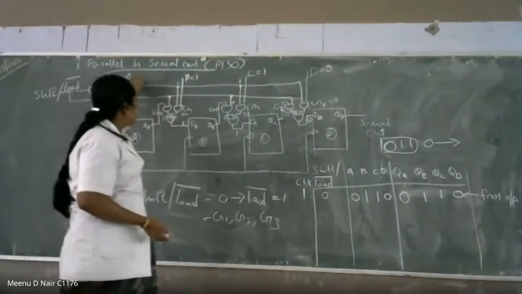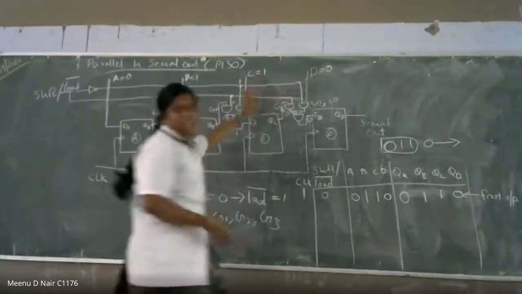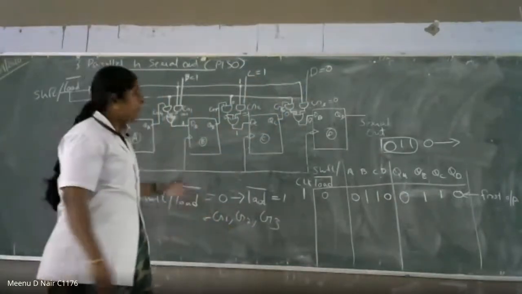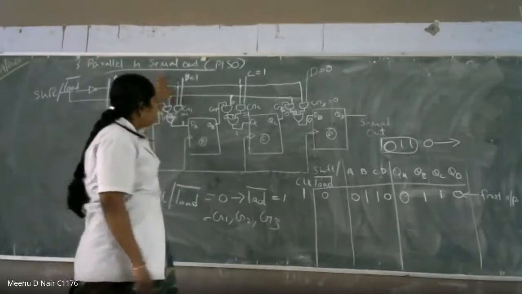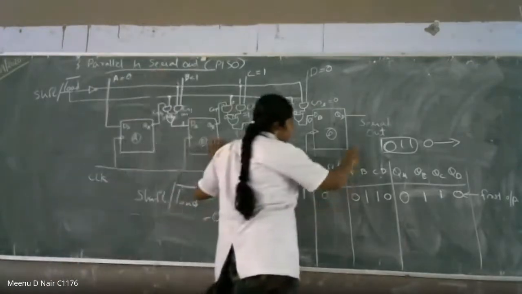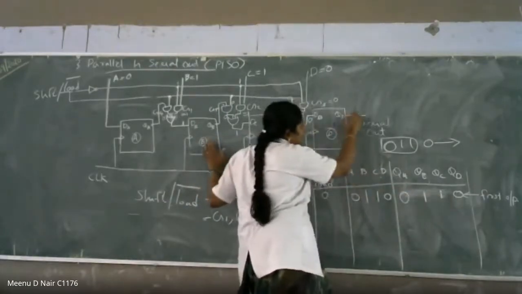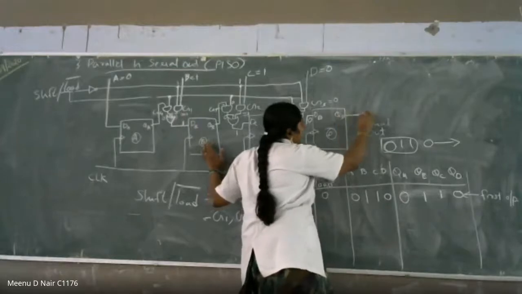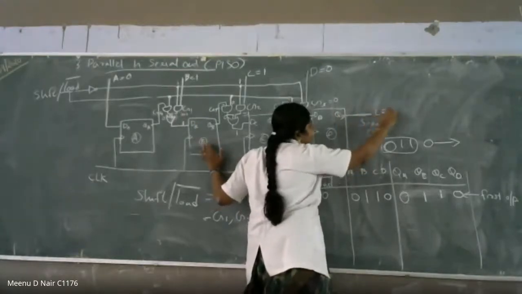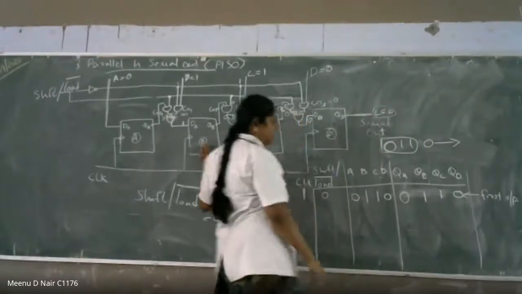You can give A equal to 0, B equal to 1, C equal to 1, D equal to 0, or any 4-bit value. At this point you are outputting only 0 because this is the serial output. You are connecting it to an LED. You can see the 0, so the LED won't glow.